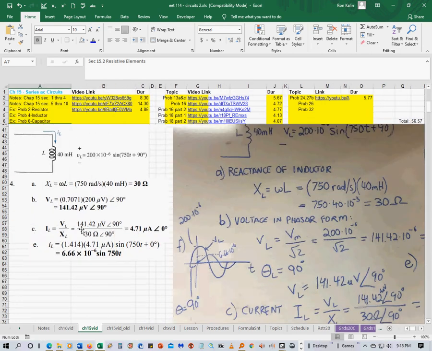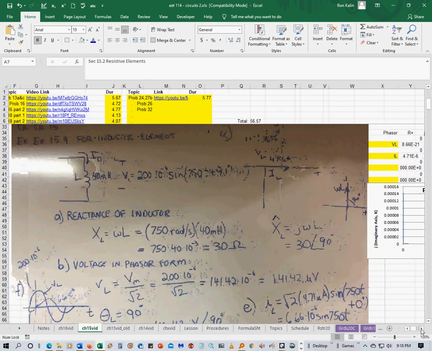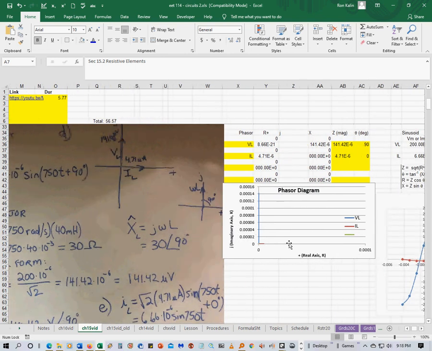And then part D says sketch the phasor diagram of the voltage and current. So I did that over here. The phasor diagram of the voltage is going to be plus 90, and it's a value of 141 microvolts. The current is 4.71 microamps, and it's an angle of 0, so there isn't much to look at on this phasor diagram.